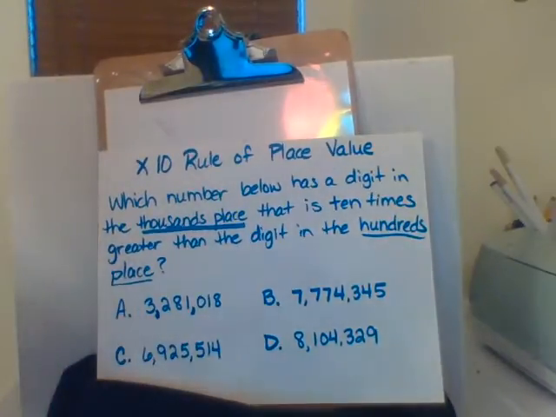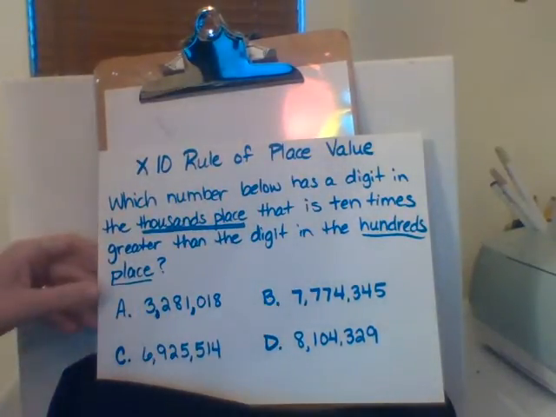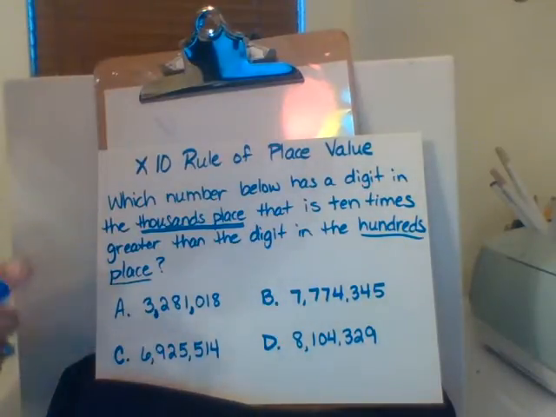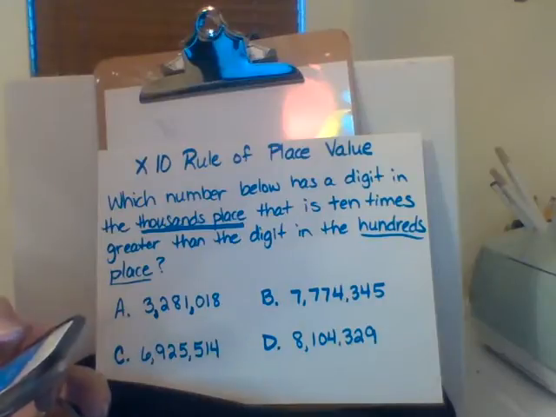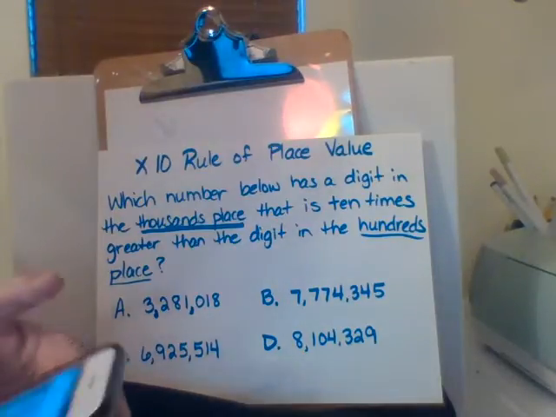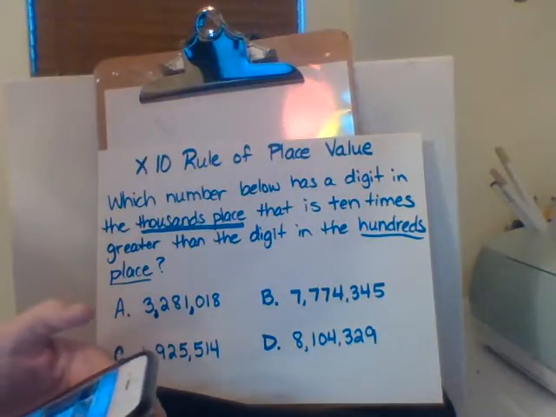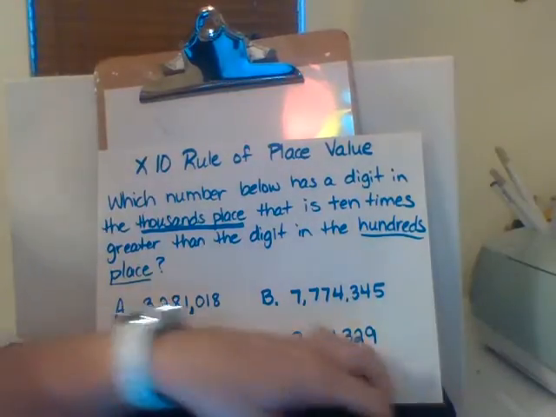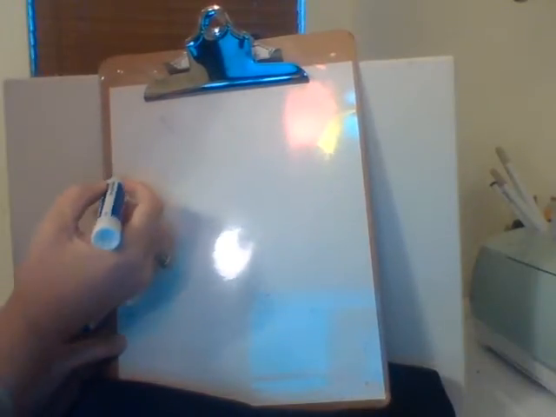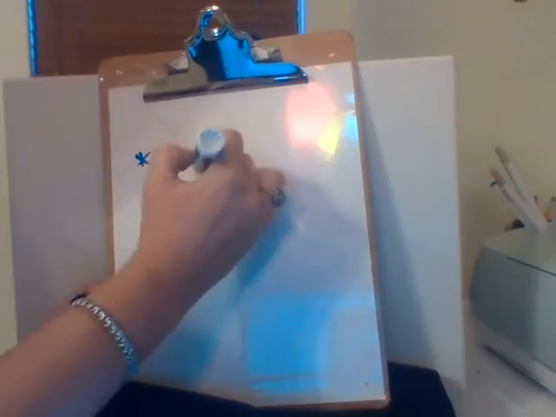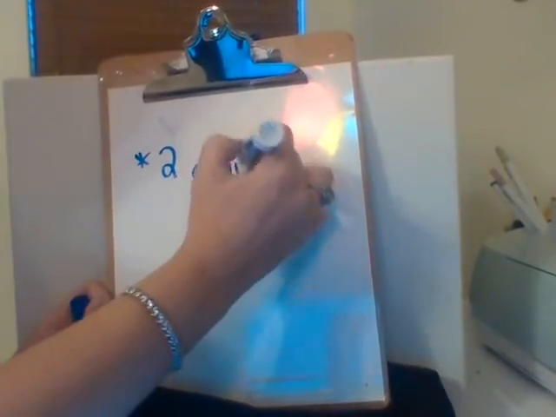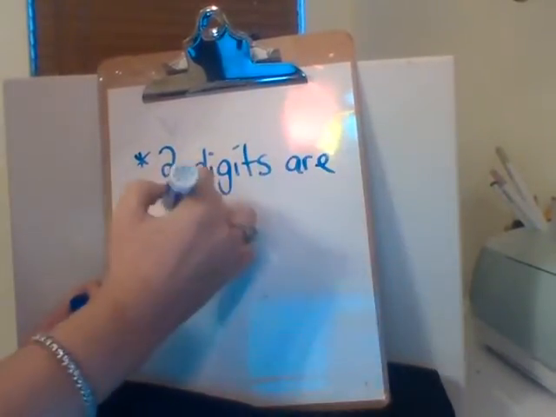And one thing I did not mention to you guys: when we are looking at our 10 times greater rule, we actually want to follow two different guidelines, I would say. The first one is, when we're looking at this to see if the 10 times rule of place value applies: are the two digits the same?